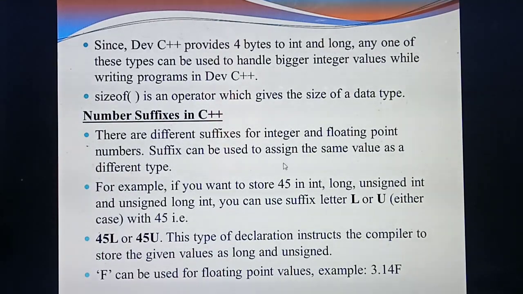For example, if you need to store a value 45 in memory, in which data types can you store it? 45 is an integer, or not? Normally an integer. So this integer value you can store as a long int or an unsigned long int.